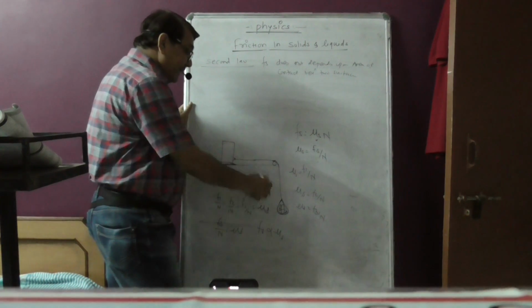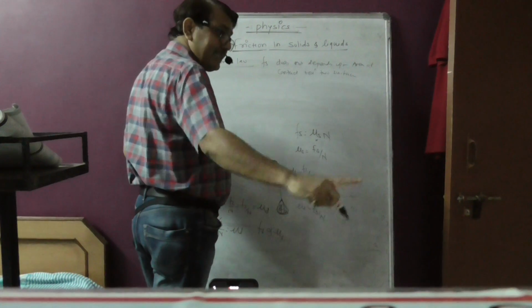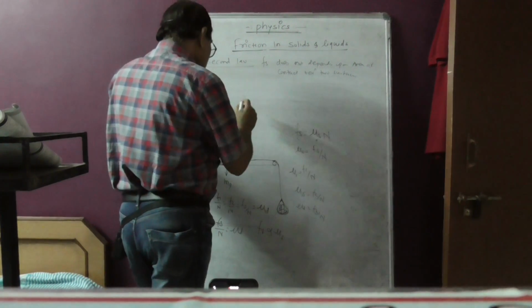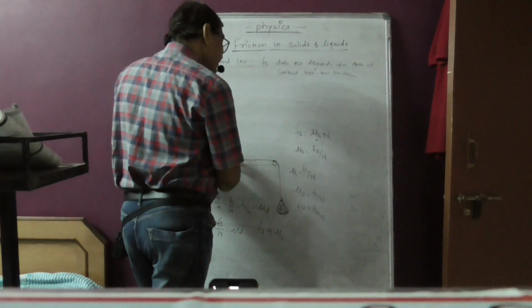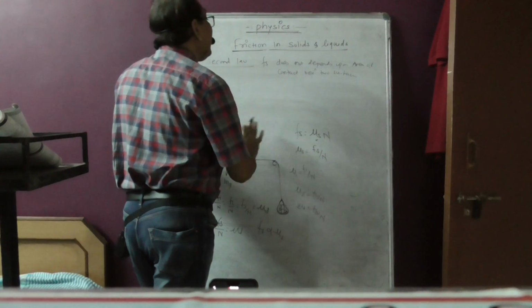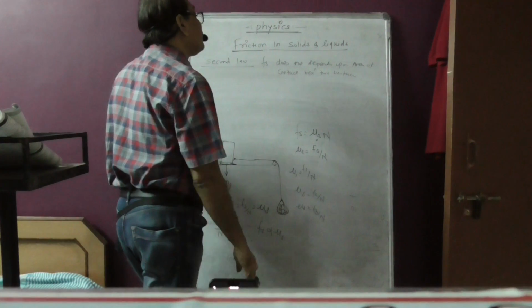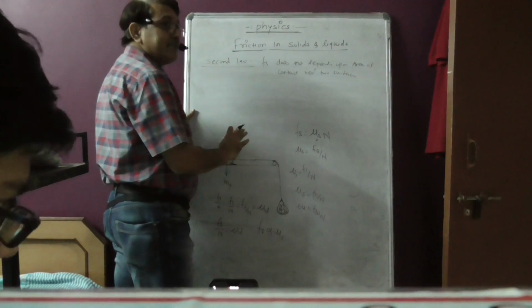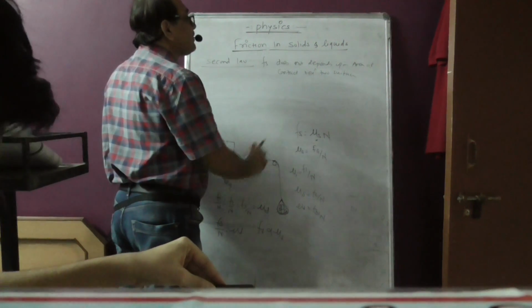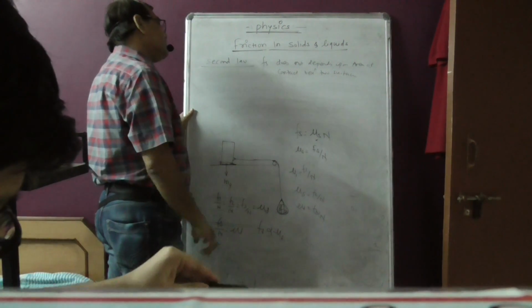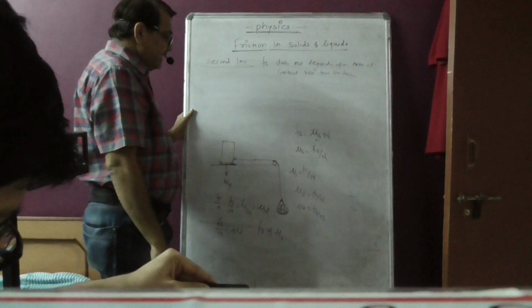So whatever the area you have kept, the force of static friction does not depend upon the area of contact between the two surfaces which are in contact with each other.